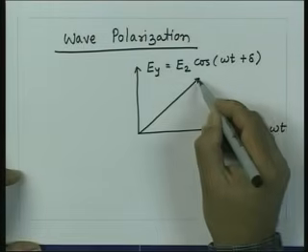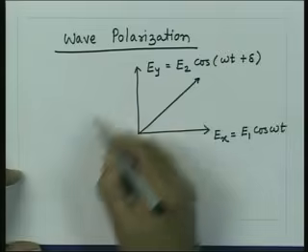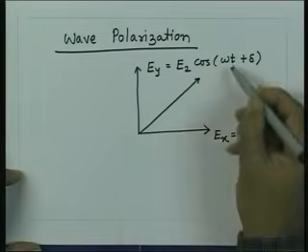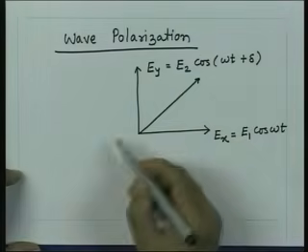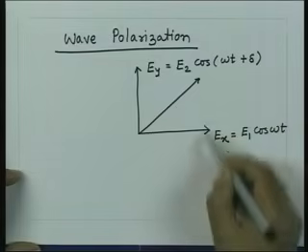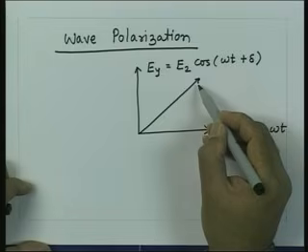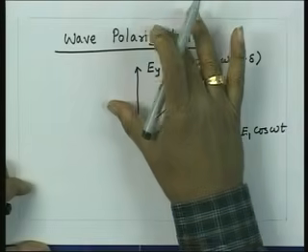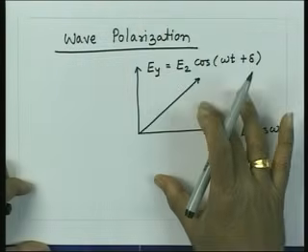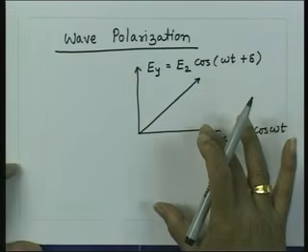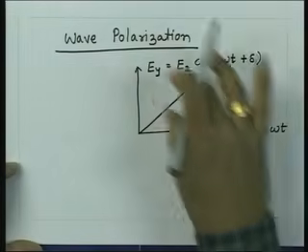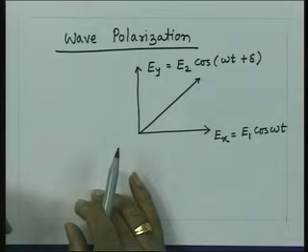Then the shape which the tip of the electric field will draw as a function of time, if I just take this at different times, I will get some curve here. That curve will represent the state of polarization of that wave, which is generated by combination of these two perpendicularly polarized waves.